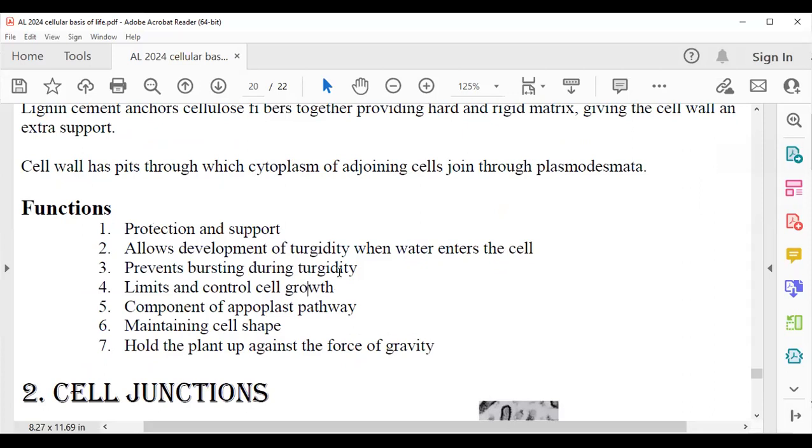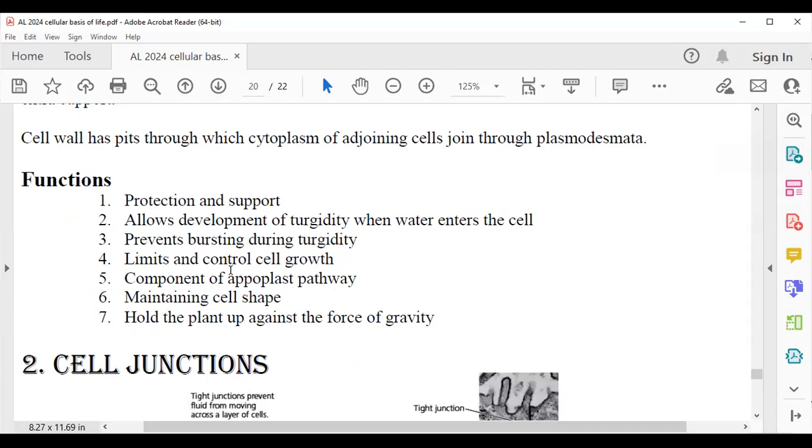Okay, right. Now, if you take the cell wall, normally its function is protection and support. In our body, it is done by whom? The skeleton. So the cell wall does the function of a skeleton.